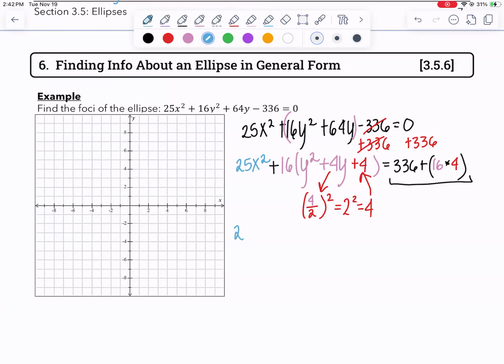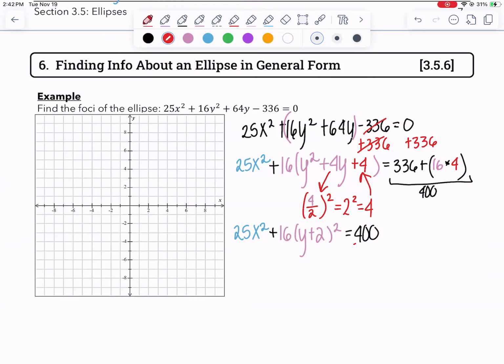So I have 25x squared plus 16 times, this factors into half of 4 is 2, this factors into y plus 2 quantity squared. And then this is 400.